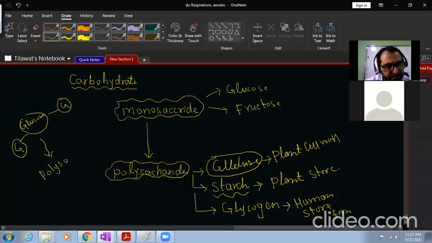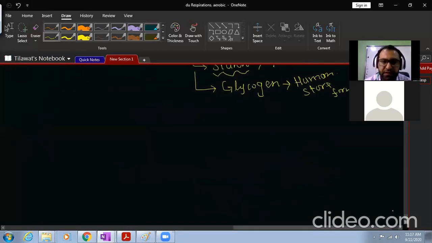Right? When the same unit is repeated again and again, let's suppose in this case glucose is repeated again and again, so they make what? This glucose is the basic unit in it, and that makes polysaccharide.